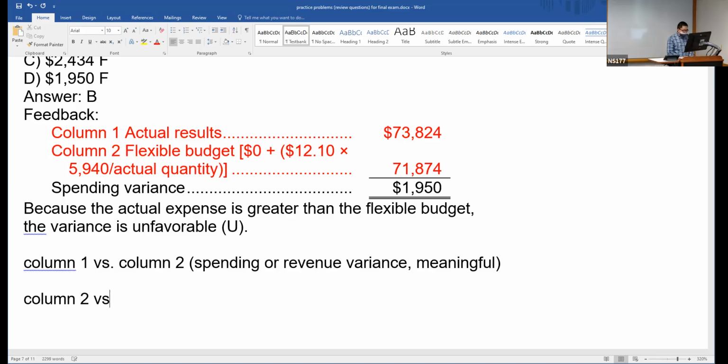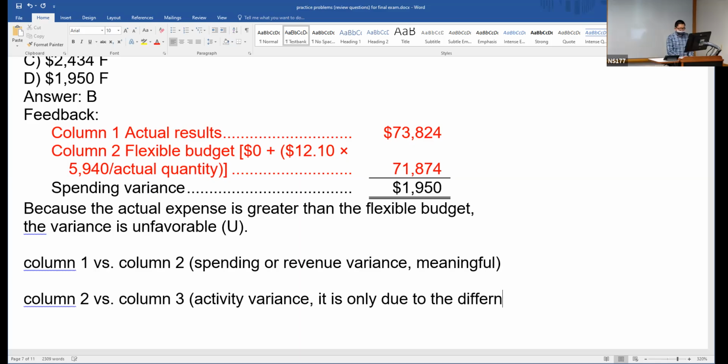And then sometimes you want to compare column 2 and column 3. This part is called activity variance, because it's only due to the difference in the number of output. Okay. Due to the fact that actual quantity is different from the planning quantity.